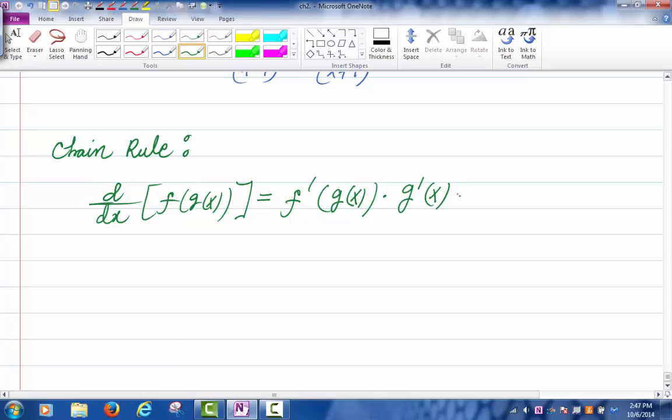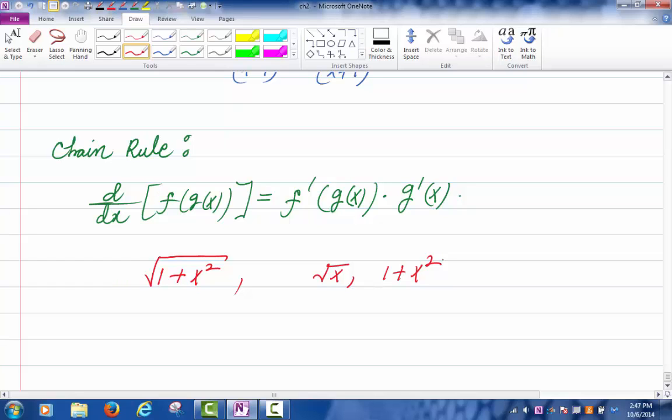So if you think about it, for example, in the case of the function square root of 1 plus x squared, when we took the derivative of that, this function is the composition of the function root x and the function 1 plus x squared. So how do you find the derivative of this? You take the derivative of the outside, right? And then you evaluate that at the inside and multiply by the derivative of the inside.